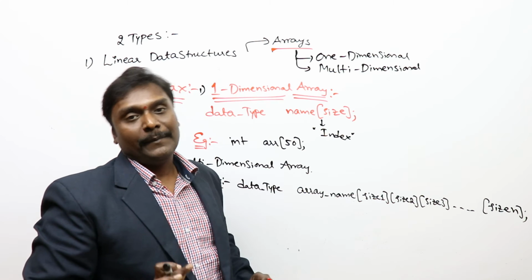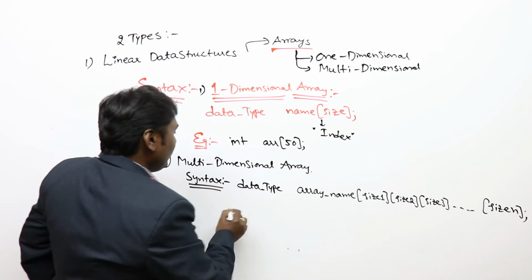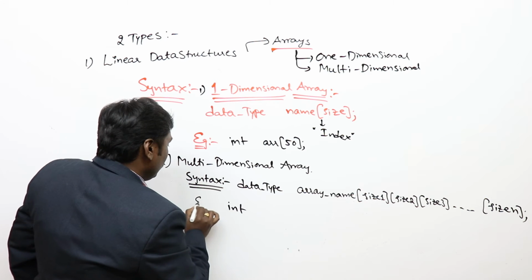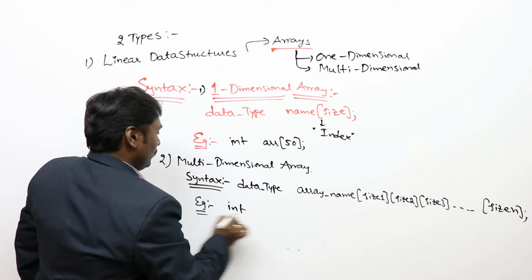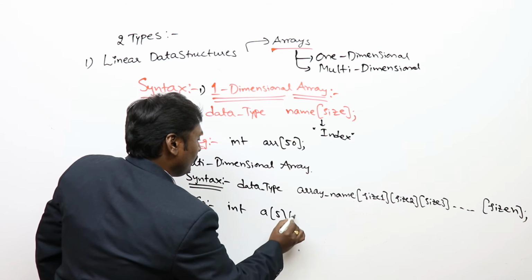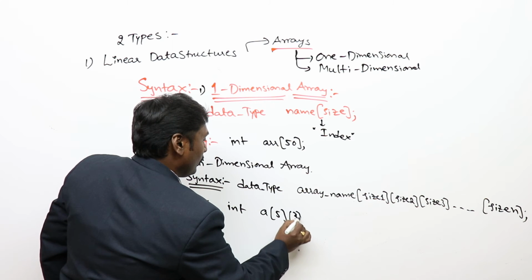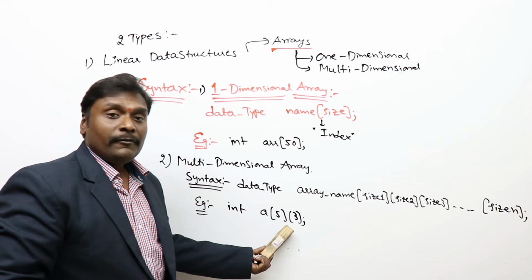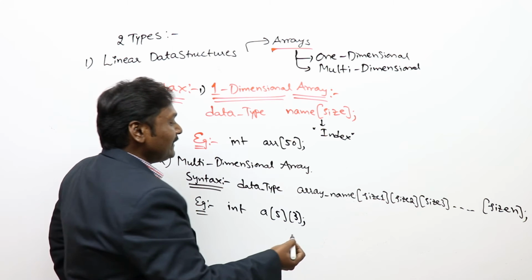Violation is a compile error. So let me take an example: int a of 5, 3. What is the representation in this case?